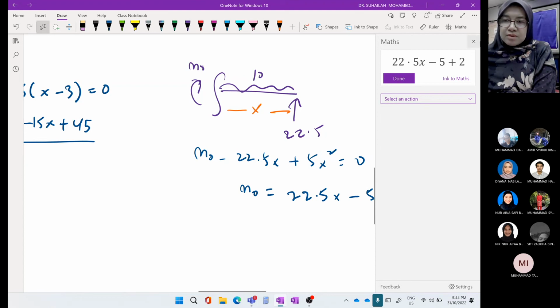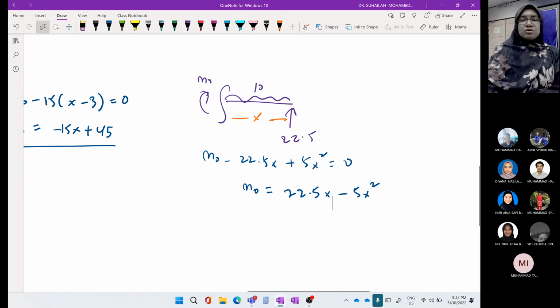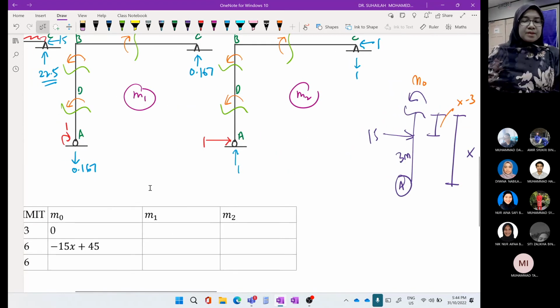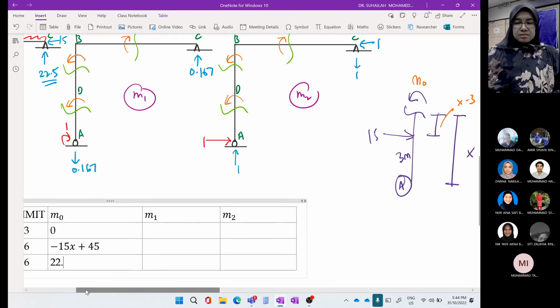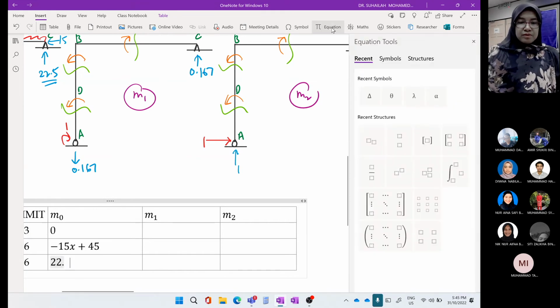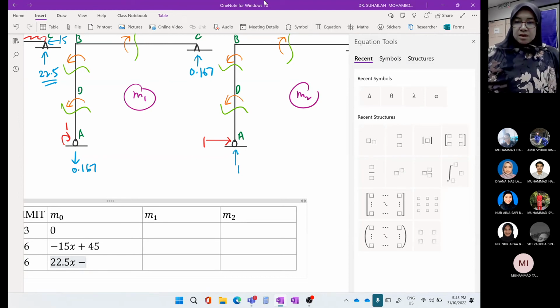22.5, this lah. Okay, 22.5x minus 5x square.